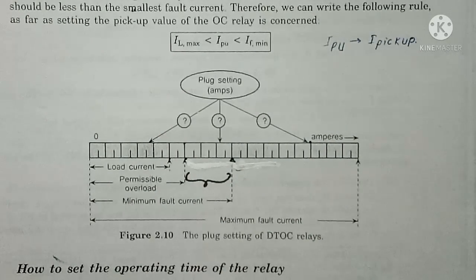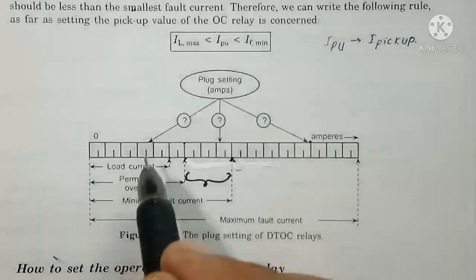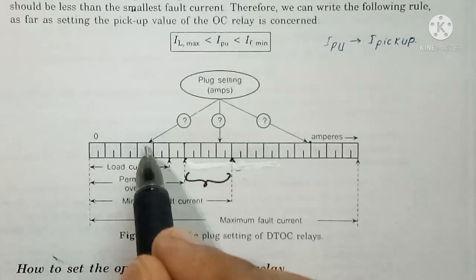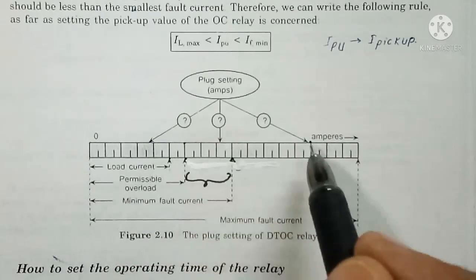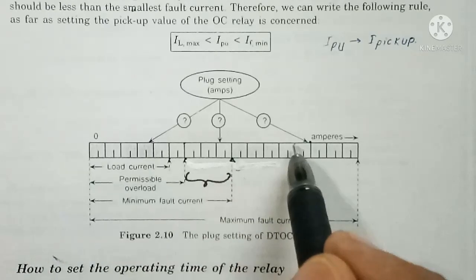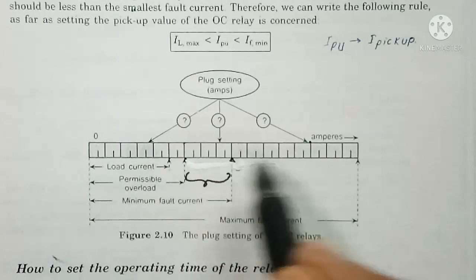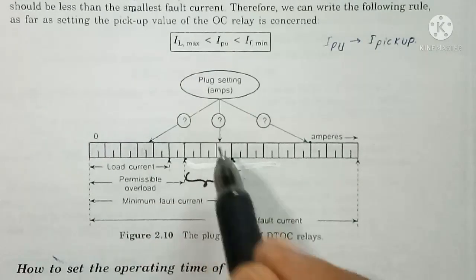Now question is, where should be our minimum pickup current, or how to go for plug setting? Is it at this point? Is it here? Is it here? Or is it in between these 2 points, or between these 2 points? Where it is?